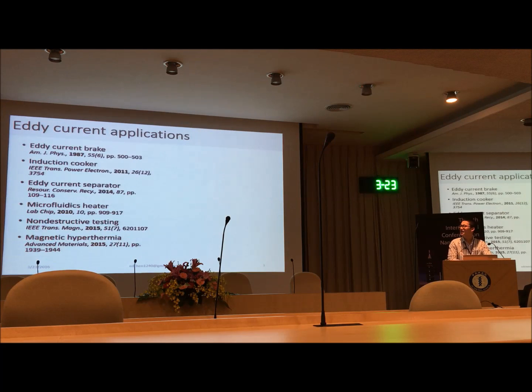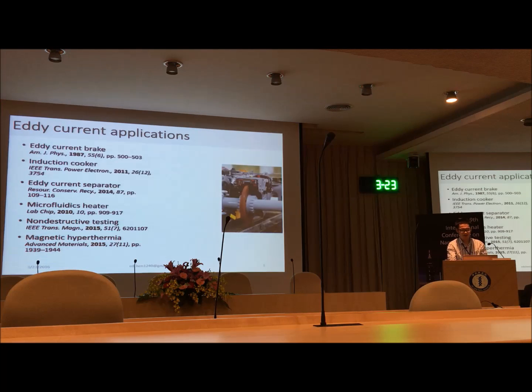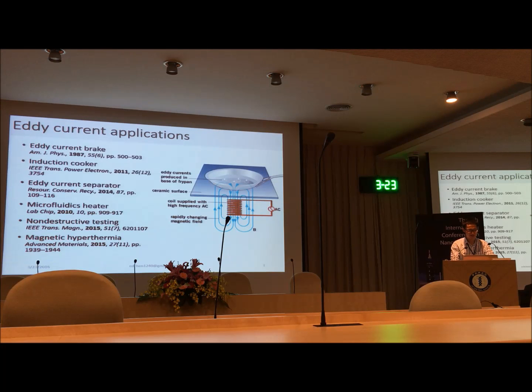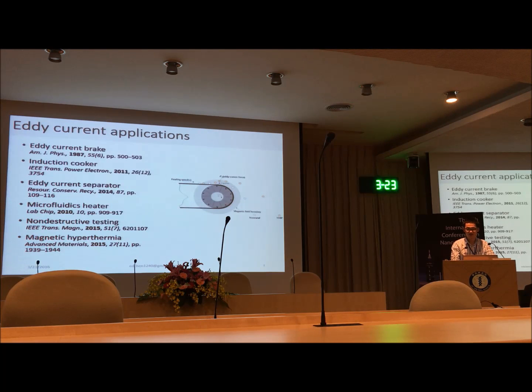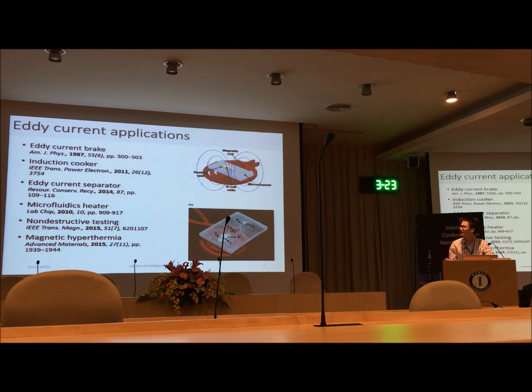And what are the applications of eddy currents? There are eddy current brakes that are used on high-speed railways, induction cookers that are in our kitchen, and eddy current separators that are used to separate aluminum cans from non-magnetic waste. There are also microfluidic heaters, where a conductive plate is put in a microfluidic channel and a time variant magnetic field is applied to induce it.